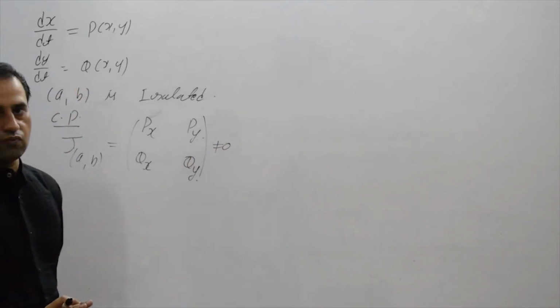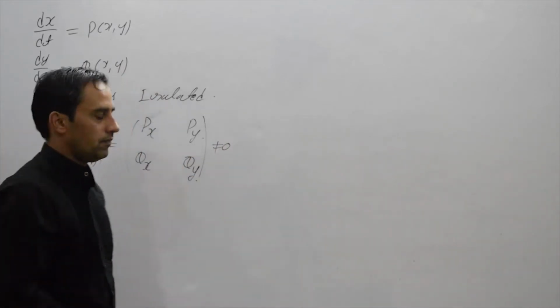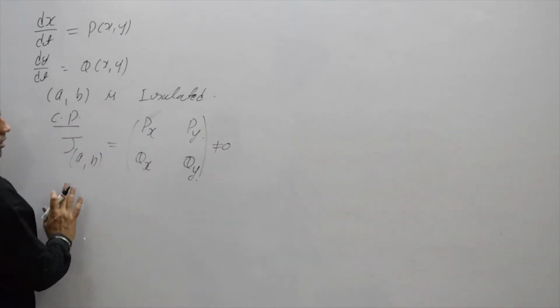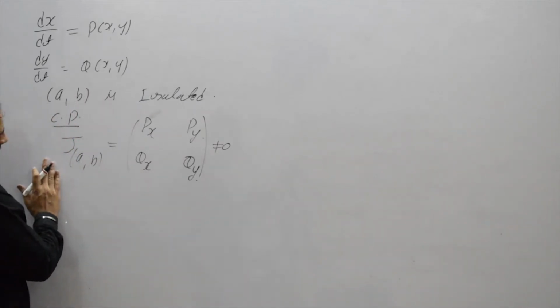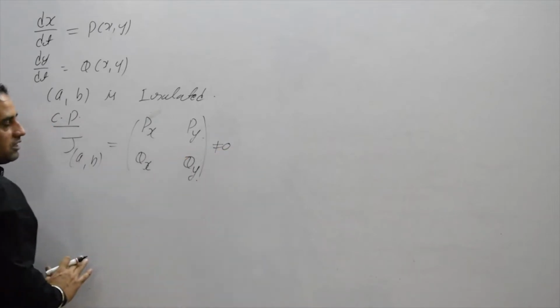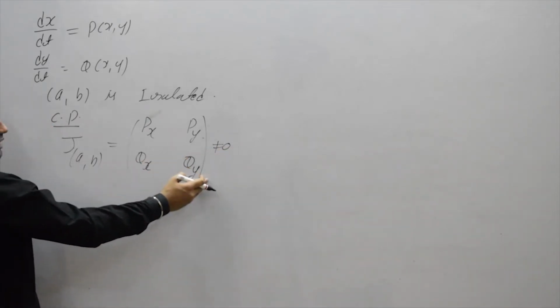This method you can use for a linear or non-linear system. It doesn't matter. So the Jacobian matrix has a non-zero determinant. This is a 2×2 matrix.